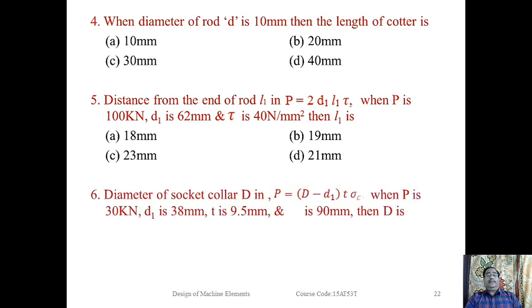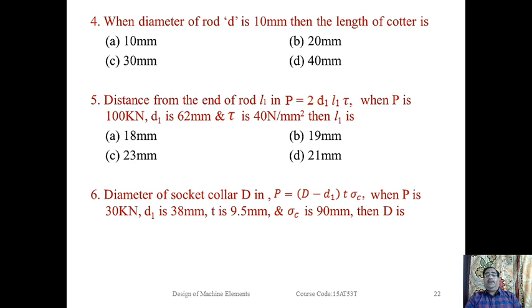Sixth one, diameter of socket collar capital D: capital P is equal to capital D minus small d1 into t into sigma C, when P is 30 kilonewton, d1 is 38 mm, small t is 9.5 mm, sigma C is 90 mm.